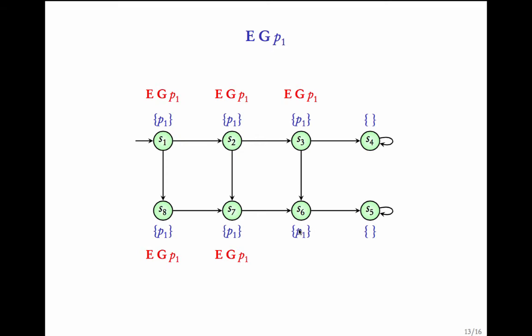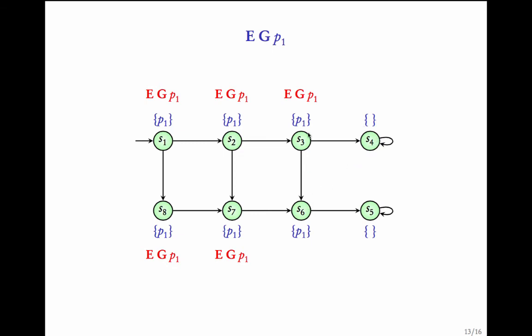Now look at the predecessors of S6, S3 and S7. Look at S3. Look at all transitions out of S3. There are two of them, one going to S4 and one going to S6. Both of them do not satisfy EGP1, as in we have removed the label from both of them.